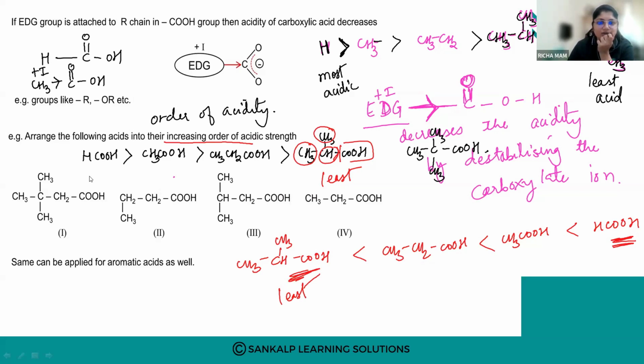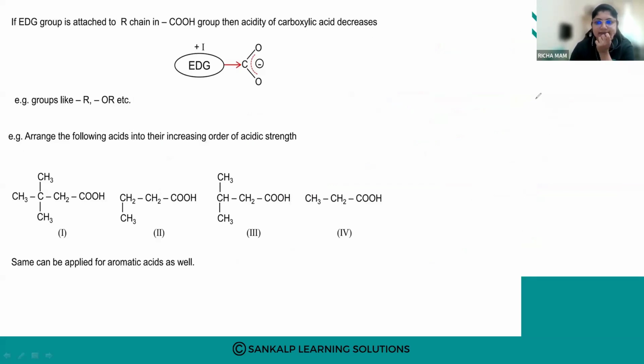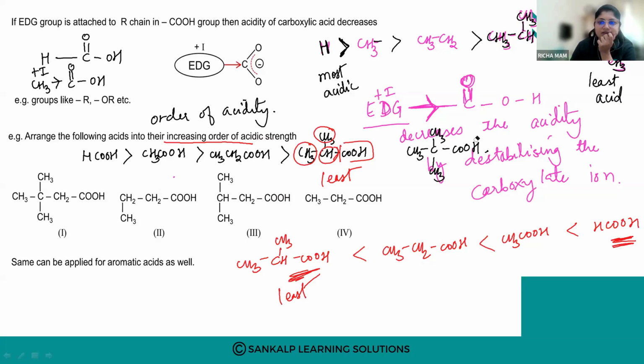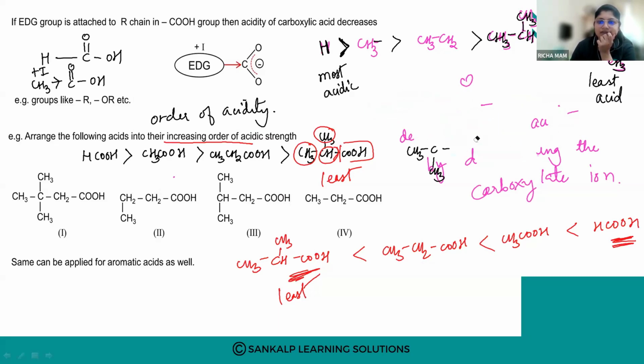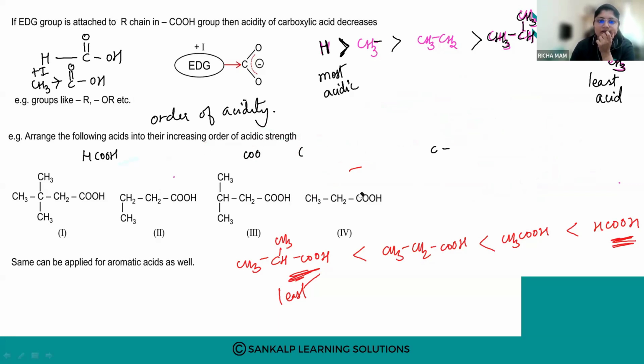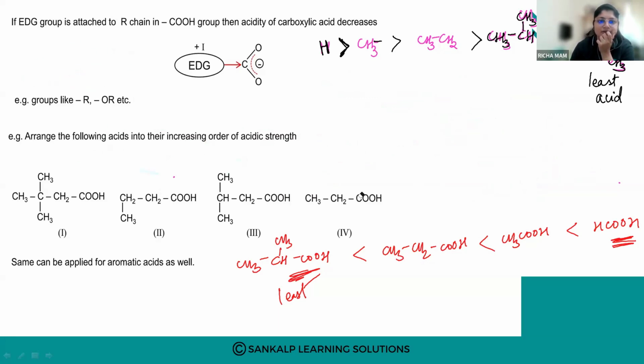So here also they have given a question, you can see. Can you arrange this now? On the basis of the above order, you can tell me how it will be for this particular example.